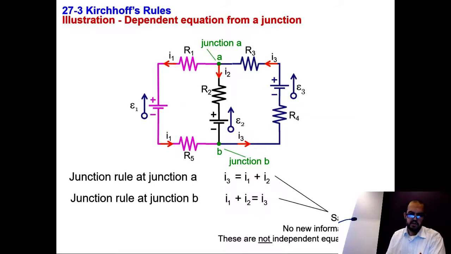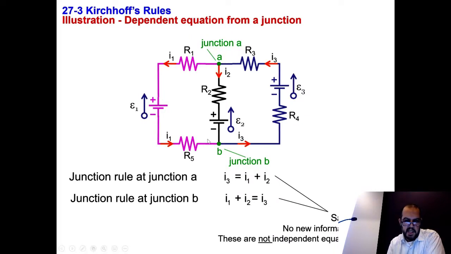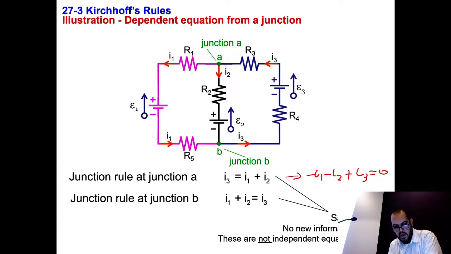So if we write it for junction A, we can see I3 is equal to I1 plus I2. Or let me write it as the sum of the currents equal to 0. Current moving into A is positive, so we have minus I1 minus I2 plus I3 is equal to 0. This is how I write my equation, okay?